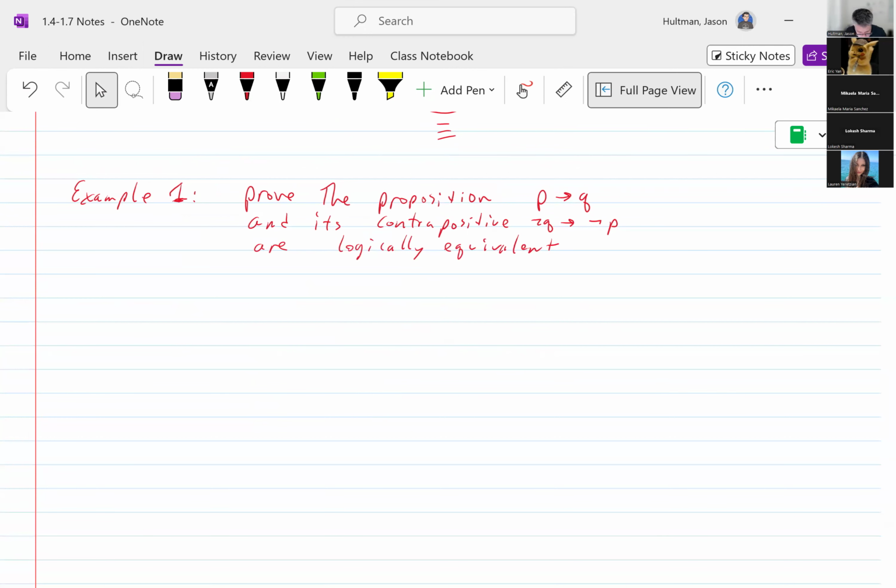Using some of these identities, we're not going to use a truth table here. We're going to actually go through a formal proof of this.